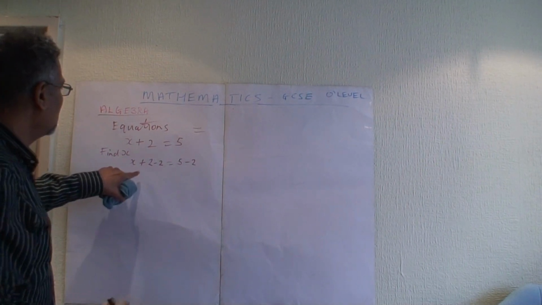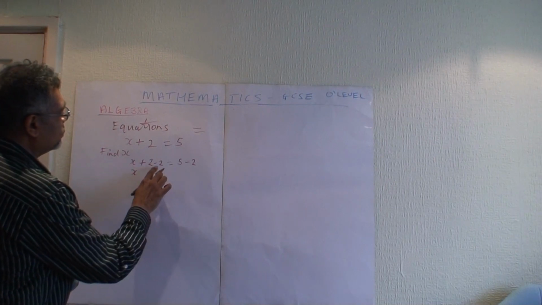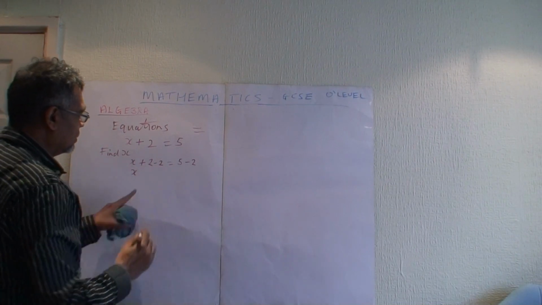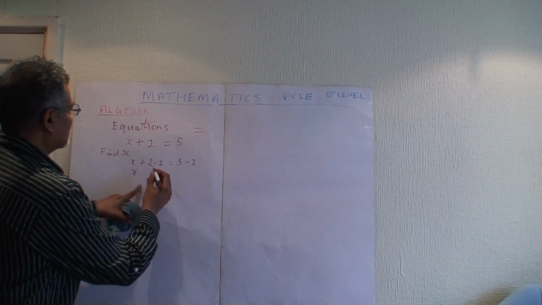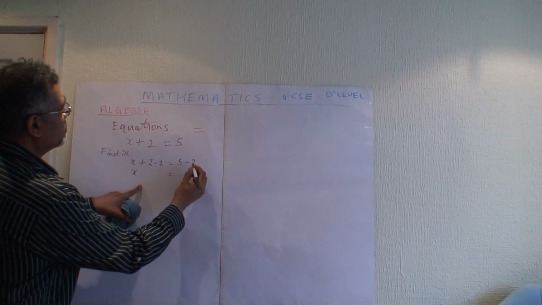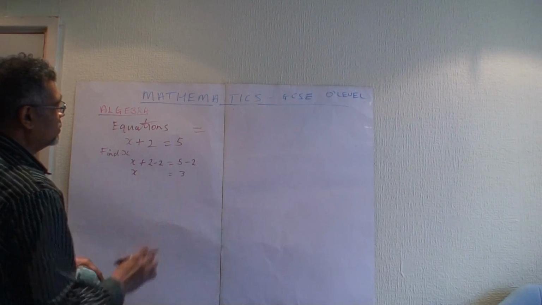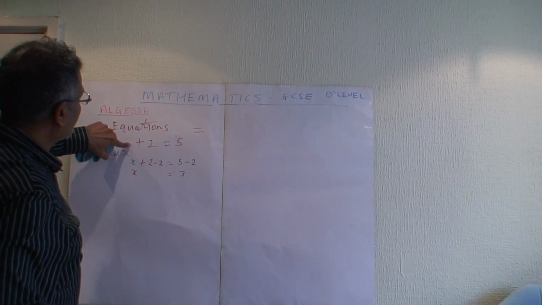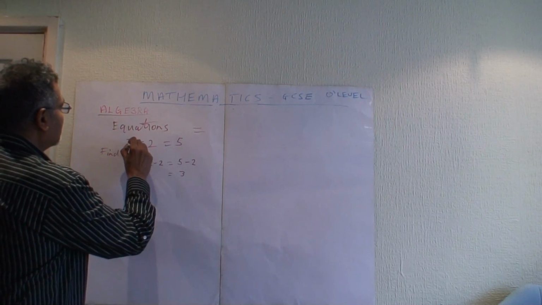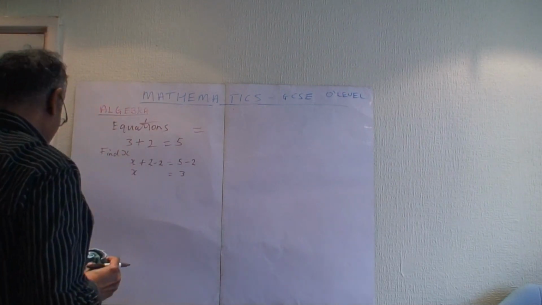So this is what we are left with, x. So plus 2 minus 2 leaves nothing there, and that is equal to 5 minus 2, which is 3. So we see that x is 3. So if we substitute the x for 3, 3 plus 2 is 5.